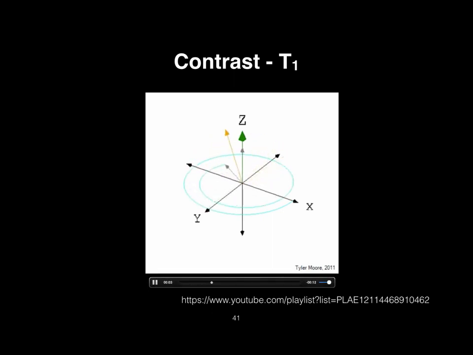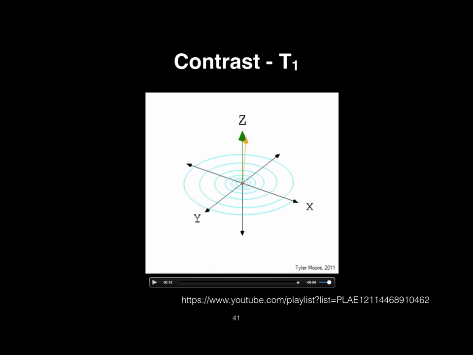Okay. So if you look at how the vector along here plays out, essentially T1 is a measure of how long that takes to get back. So essentially something with a longer T1 grows back much more slowly, and something with a shorter T1 recovers very quickly. And why this is important is because I think people realize now with MR, we're doing things over and over and over again. It's rare that we do things once and we're done.